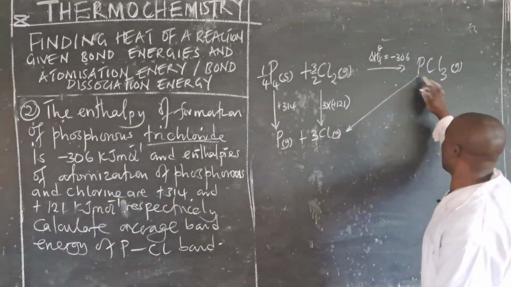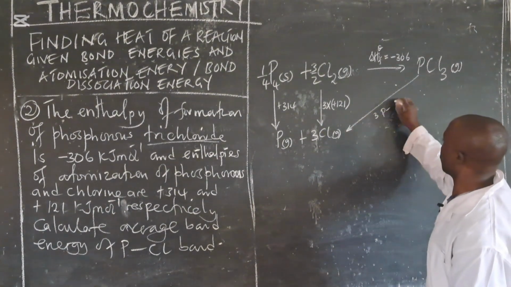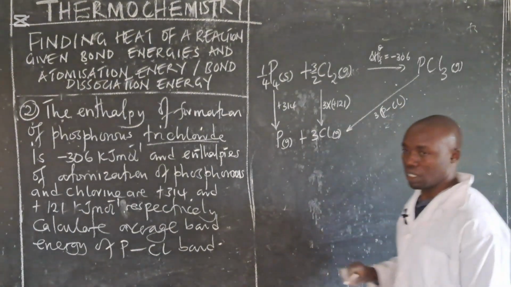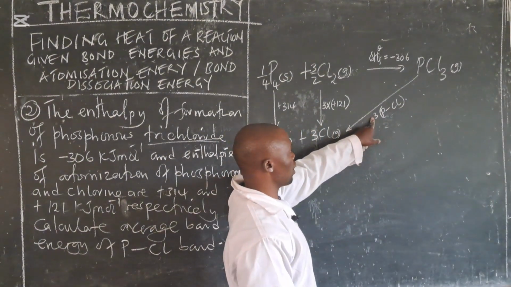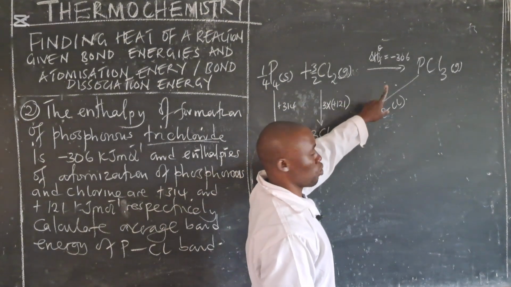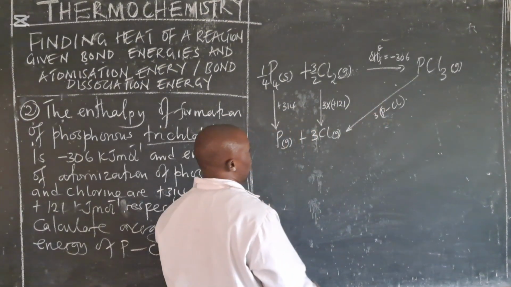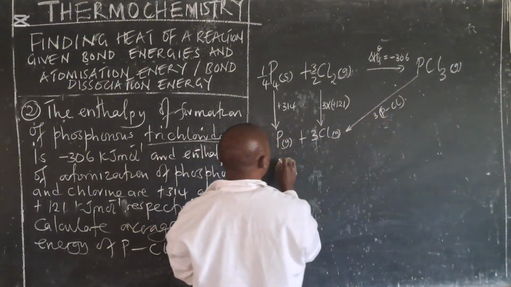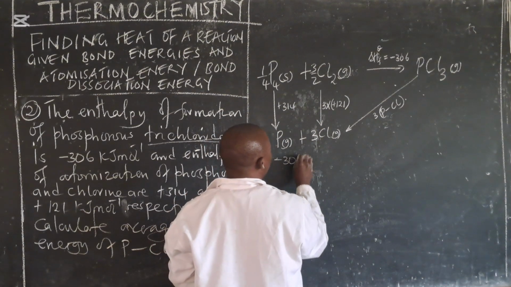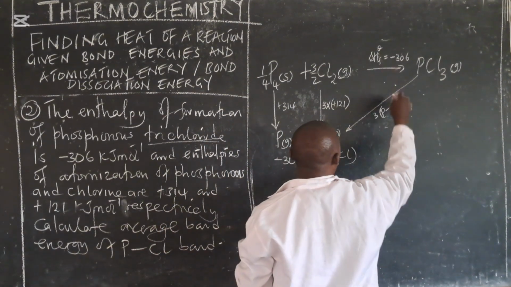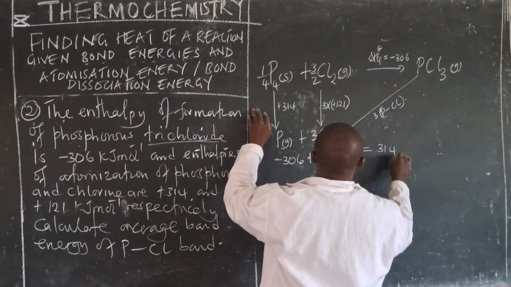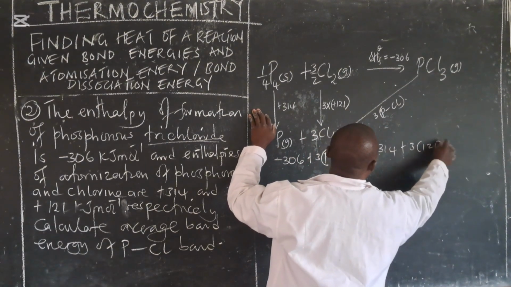Now here there are 3 bonds of PCl, so I have 3 phosphorus chlorine bonds there. As we agreed earlier, we can either maintain this arrow to face down, or we can make this arrow go up. Any order works here, so we can have this plus this. So it can be negative 306 plus 3 PCl bonds, these are both clockwise, equal to 314 plus 3 times 121 here.